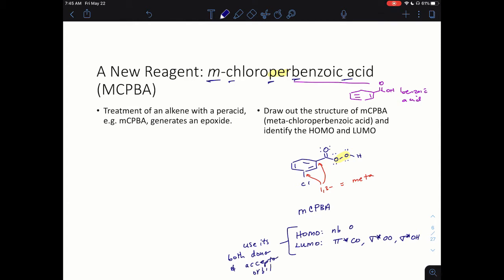You might ask, how would I know that? You know that because we're talking about it today. You wouldn't know that, but that's why we've organized these reactions in this manner. So it'll serve as an example of one of these electrophiles that has some acceptor that accepts electrons, and then a donor that donates back.